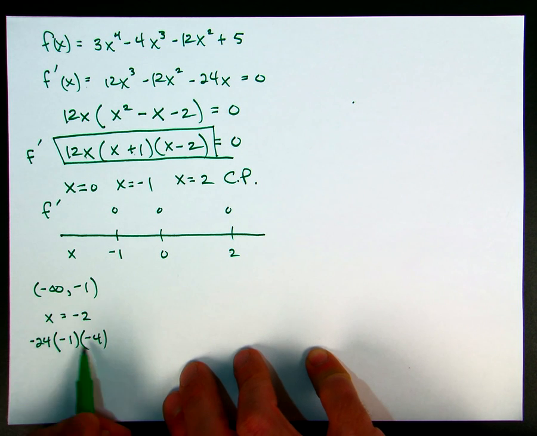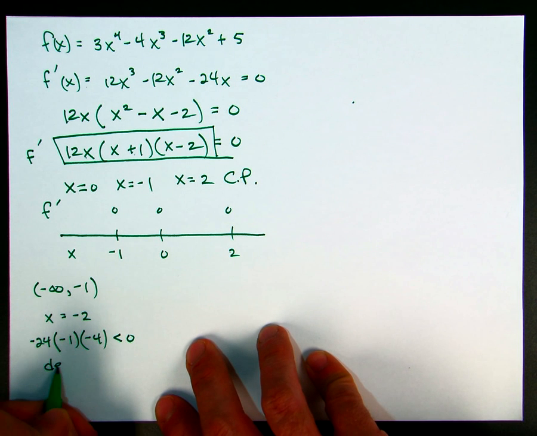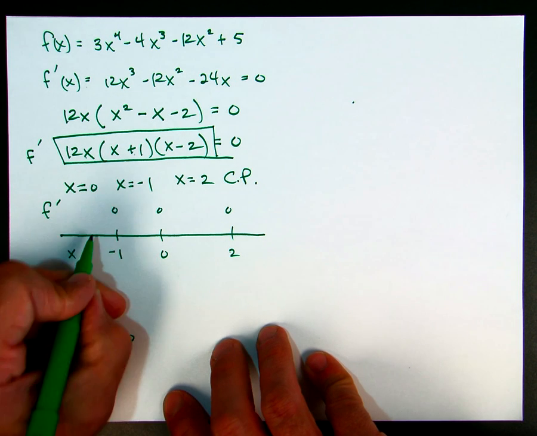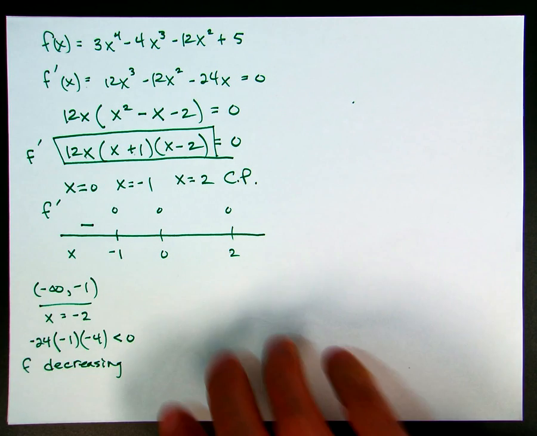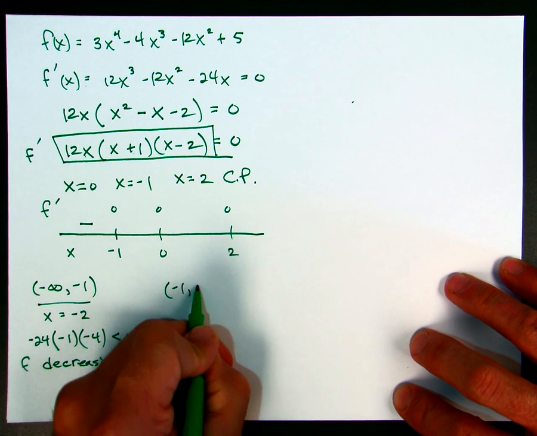I don't care what this product is, but I have a negative times a negative times a negative, so that's going to be negative, and I know that my function f is decreasing on this interval. All right, next interval would be -1 to 0.